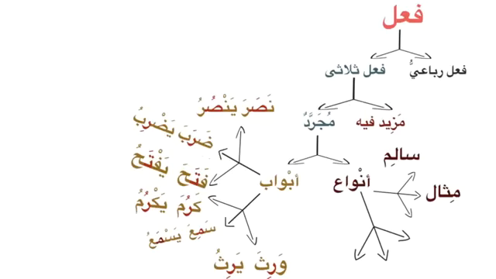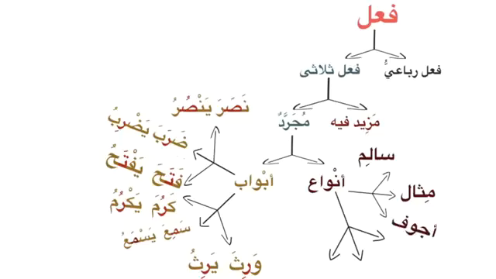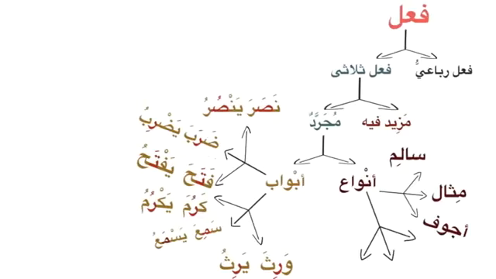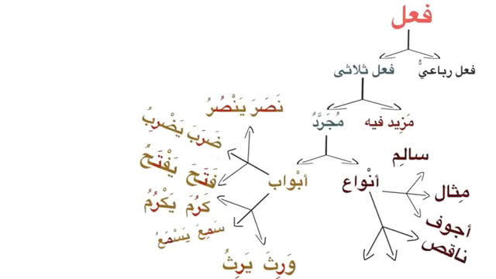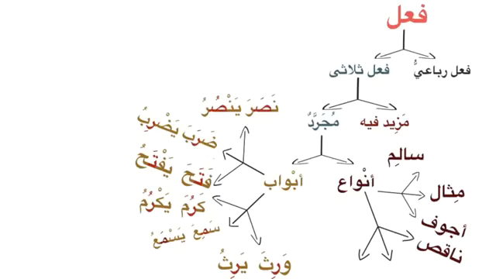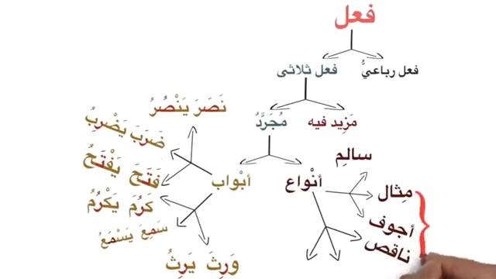Second is mithal, where the fa kalima is weak, which will have waw or ya. Then we have ajwaf, where the ayn kalima is weak, and we have naqis, in which the lam kalima is weak.